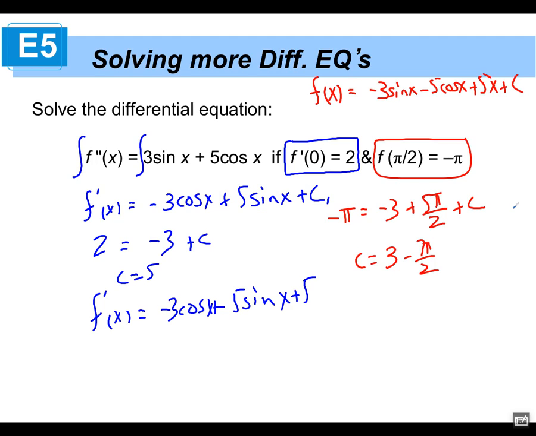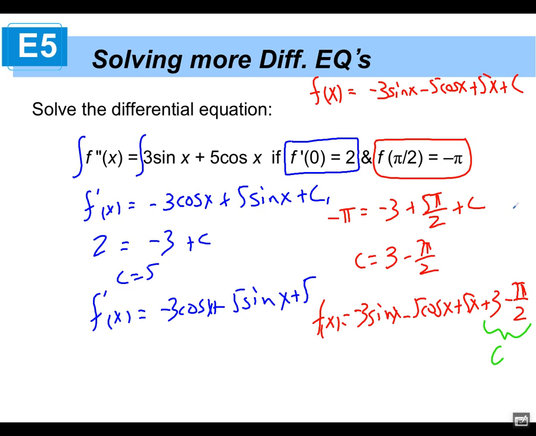So my final answer is f of x is negative 3 sine of x minus 5 cosine of x plus 5x plus 3 minus 7 pi over 2. So this stuff at the end is my last c term. And there's two different numbers there. It's still the c term.